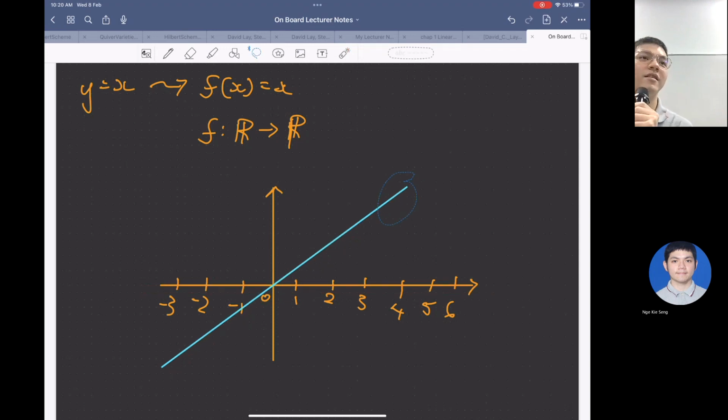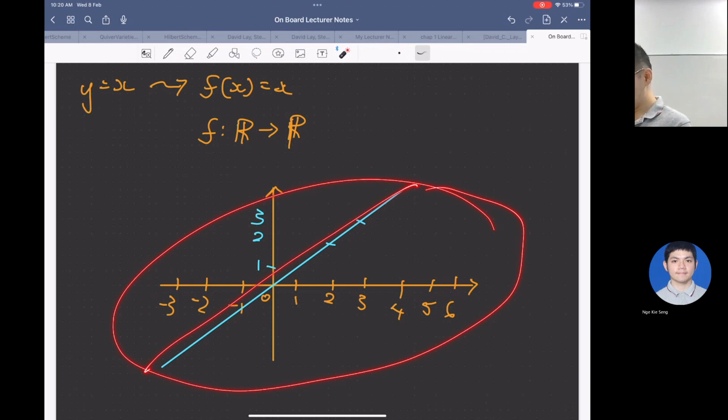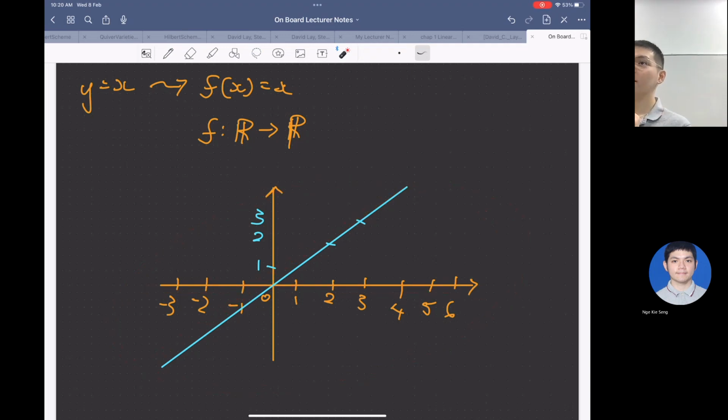Can everyone see it? You give me a number line, I produce another number line for you. So you go like this to like this. So you transform the real number line. When we plot these two together, you can see that there are two number lines here.